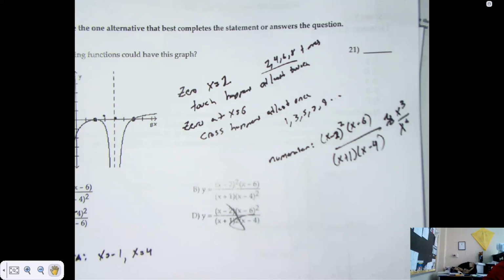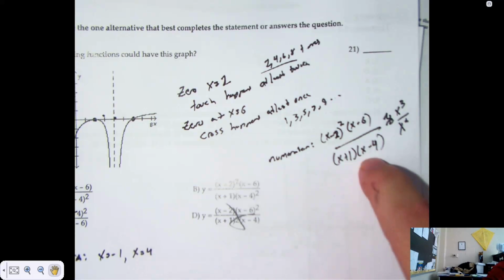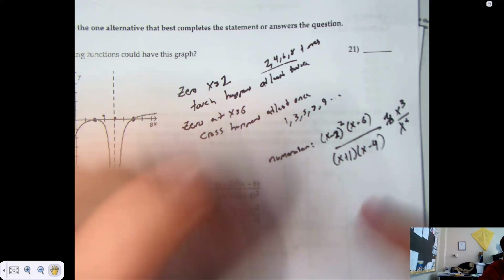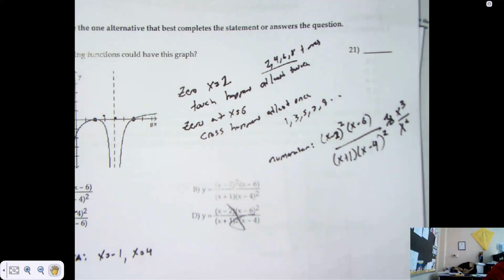If you did some near math on here, this is about x cubed over an x squared, isn't it? Isn't that what that is? What kind of asymptotes that have? That's a slant. Do you see a slant? No. One of these terms down low has to be squared, which you see in A and B, don't you? That they've squared the x minus 4. So that kind of comes from looking at the answer choices there. One of them had to be squared. Which one? Probably didn't matter.